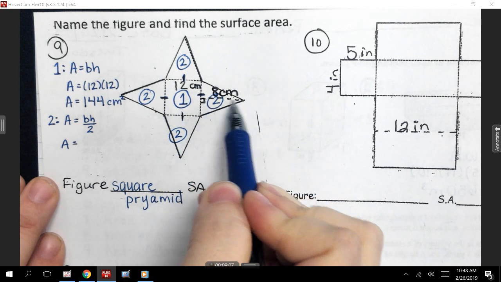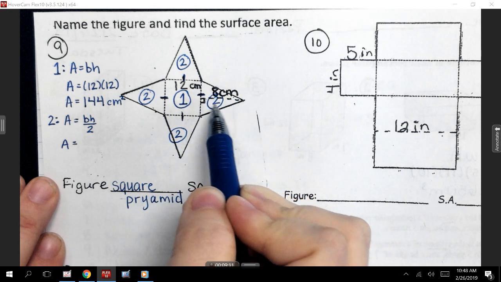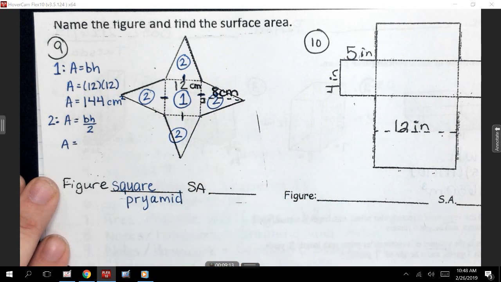All right. So this one, it shows me my 8, but is that the base? No. Which one is showing me my base? Noah? Which triangle? One of the sides or the top or the bottom? Carlos? It's the 12 because when it folds, that's the base of it.